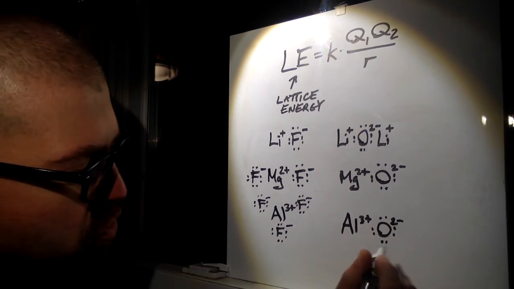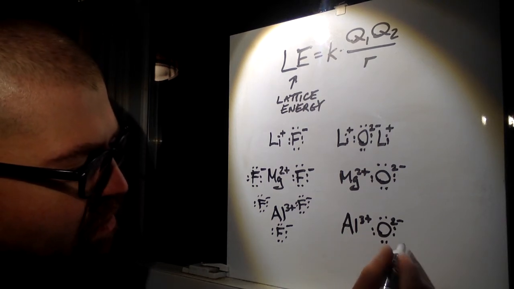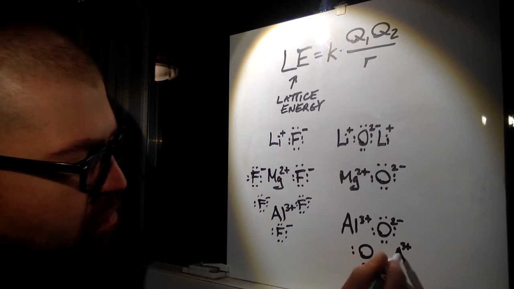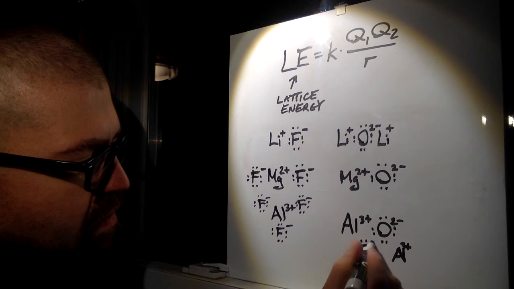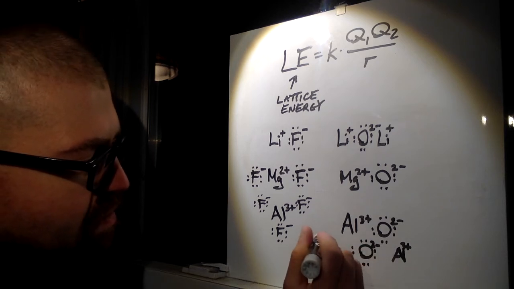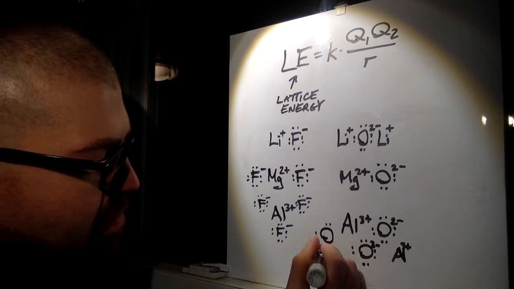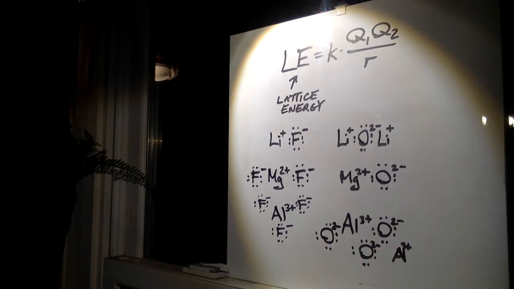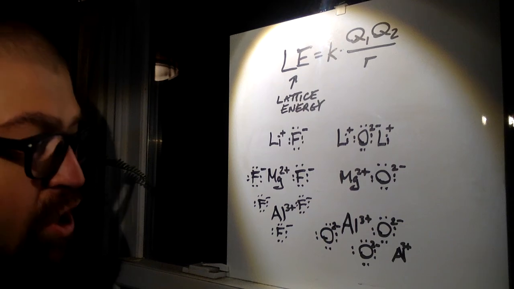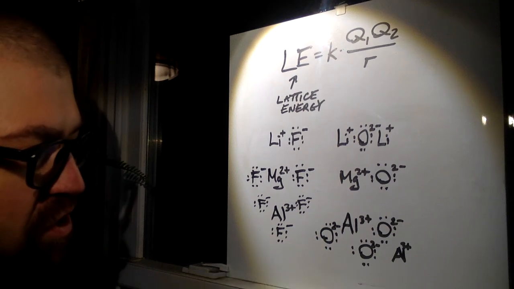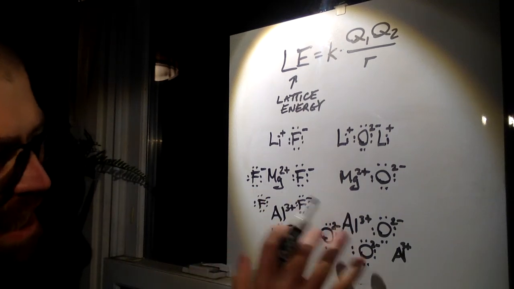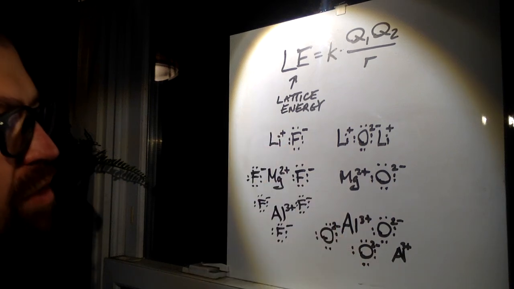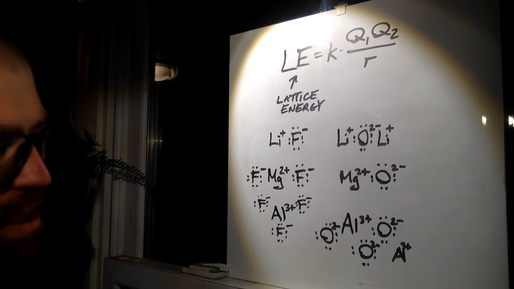I would need 2 aluminum ions, Al, and I'll put another oxide here. We need 3 oxides to 2 aluminum ions, but as far as attraction is concerned, this would be 6 times as attracted as that lithium fluoride crystal.